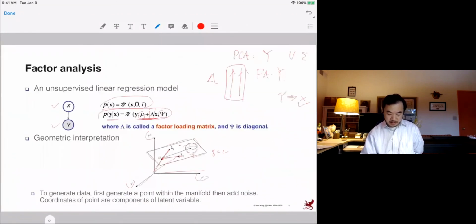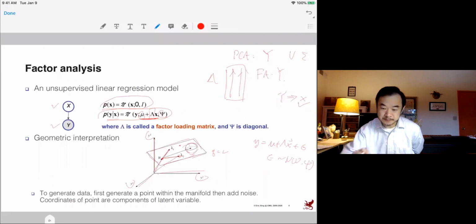Let me write it again. You can imagine that y equals mu plus lambda times x plus a noise, and this epsilon noise follows a Gaussian distribution of 0 and phi. That's basically phi. Clear?